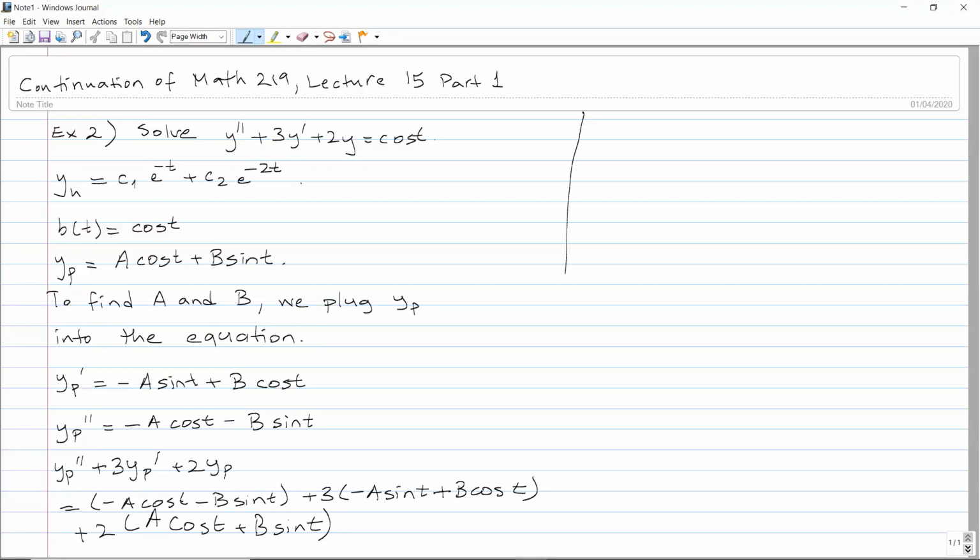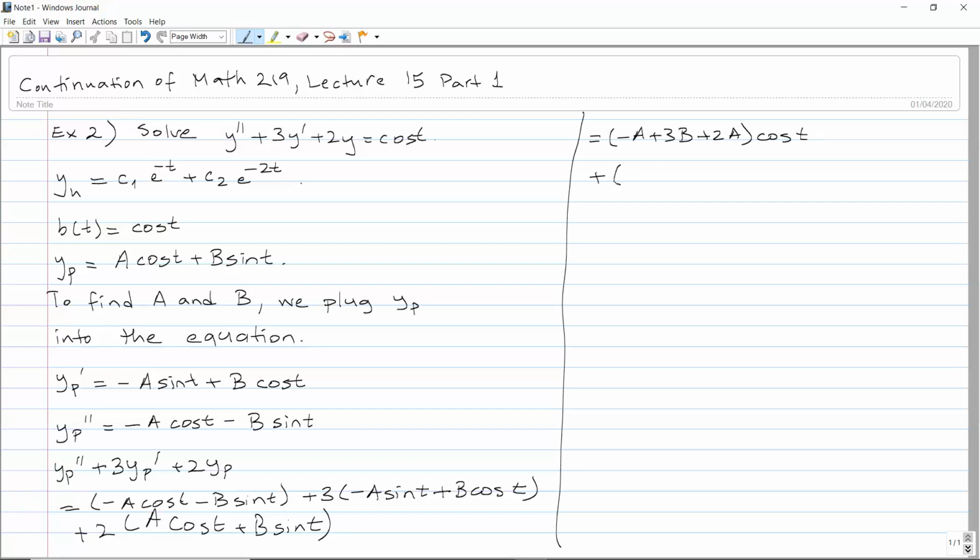If we simplify this expression, how many cosines do we have? I'm looking at cosine, so I have minus a from the first term, plus 3b from the second term, and plus 2a from the last term, times cosine t.